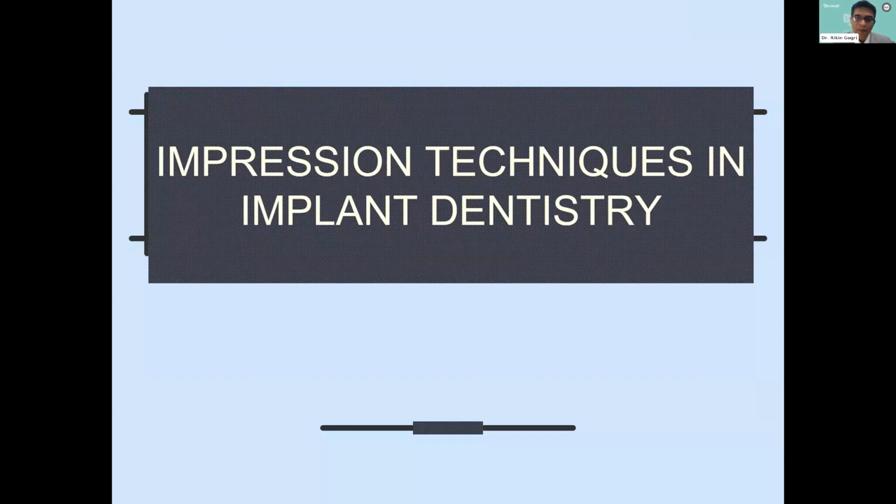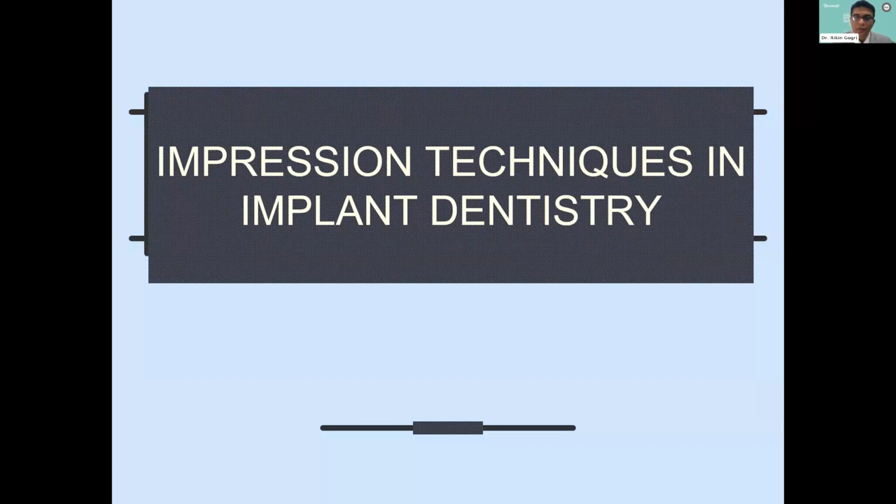Fixture is the surgical component, and your crown or the teeth that you would desire to give is the prosthetic component of the implant. And if everything has gone well, then the most important step that is required to ensure that your phase one is successful and phase two survives well and is successful is your impression techniques.